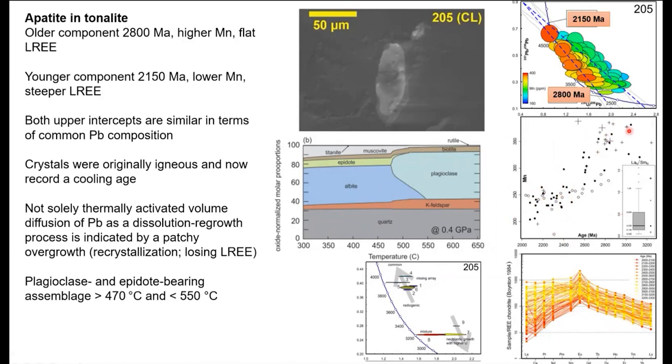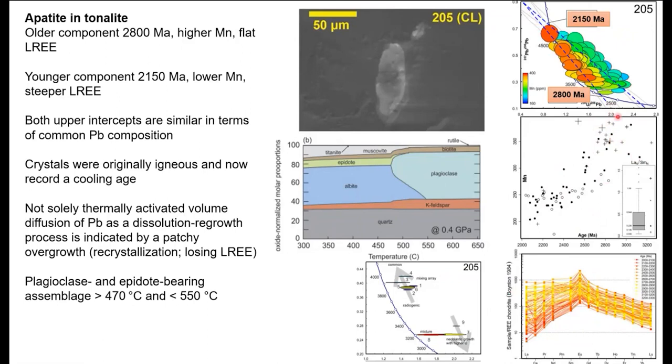Whereas the older apatite, or apparently older apatite, forming this older mixing array, seems to have higher magnesium concentrations, but also a steeper light rare earth slope.